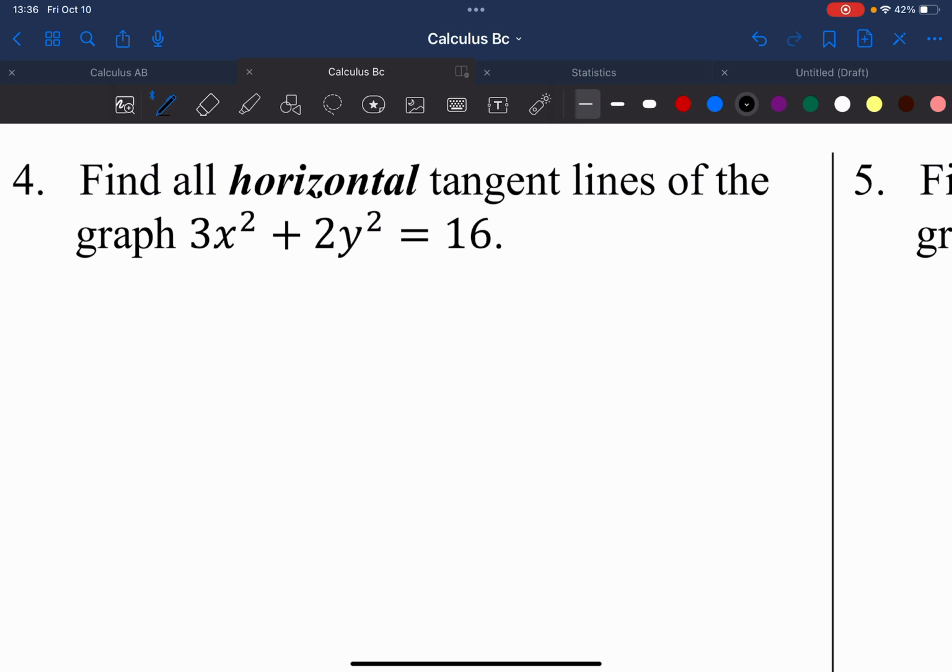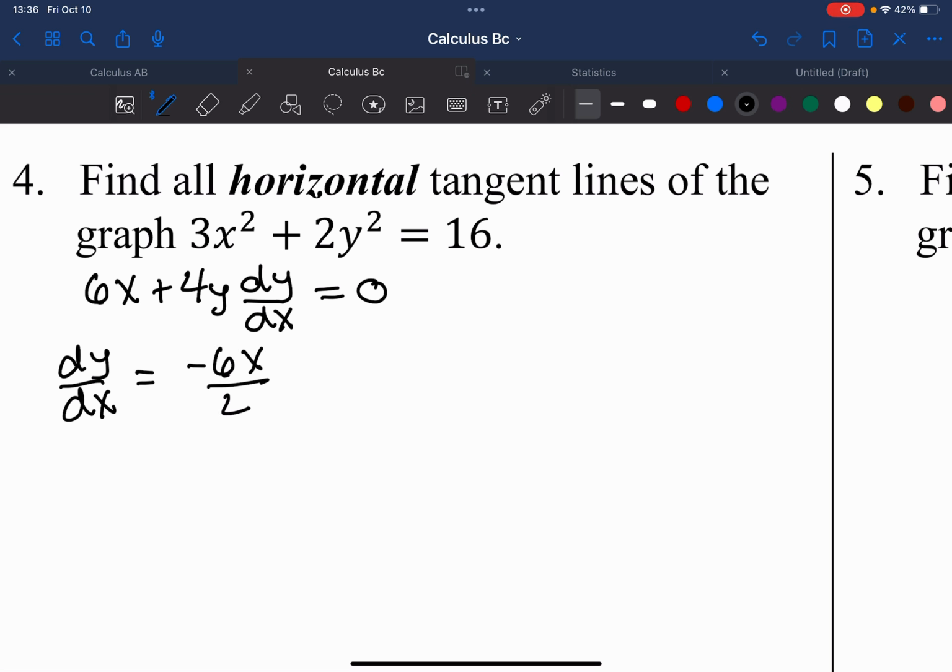Well, first I need to take the derivative. So 6x plus 4y dy/dx is equal to 0, which means dy/dx is equal to negative 6x divided by 4y, which is negative 3x over 2y.